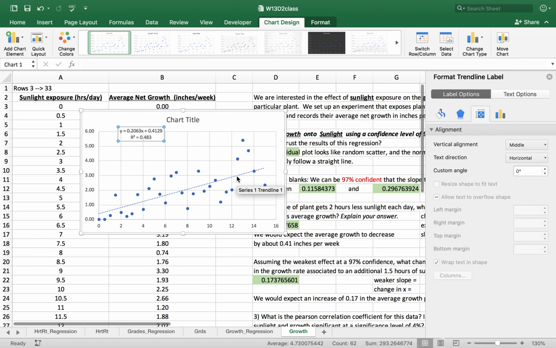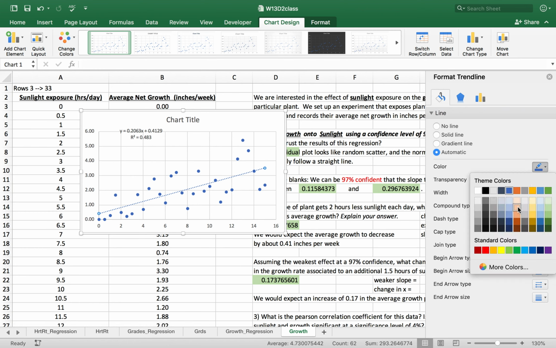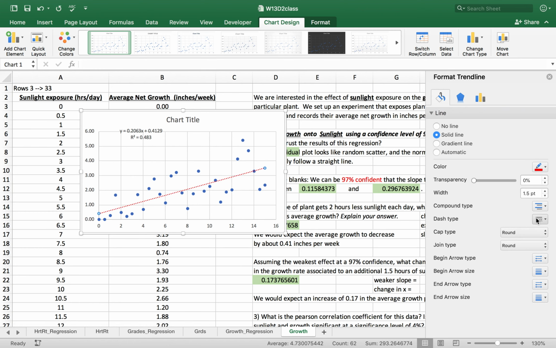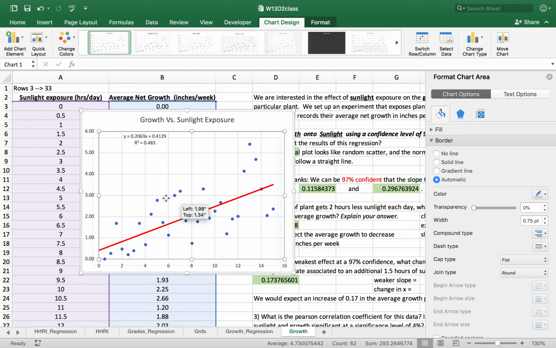Remember, if you're selecting the trend line, you can change the way it looks with the little paint bucket. I usually like to make mine a different color. I like a solid line, sometimes a little heavier line. You could call this maybe growth versus sunlight exposure. And there we have it.